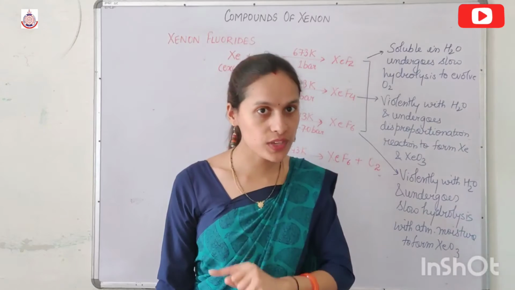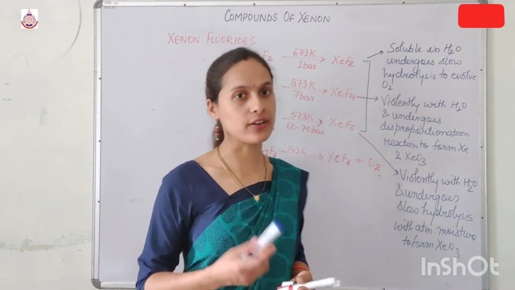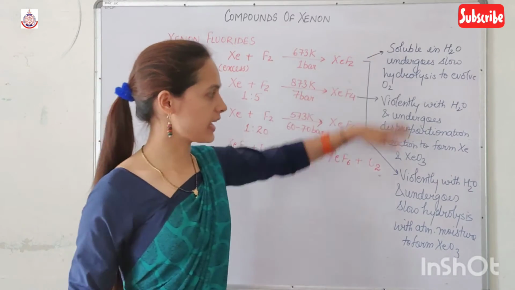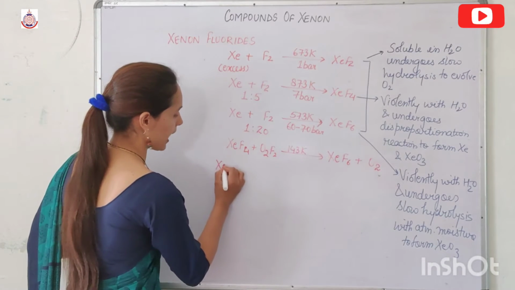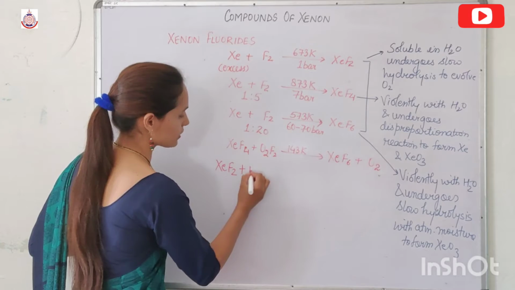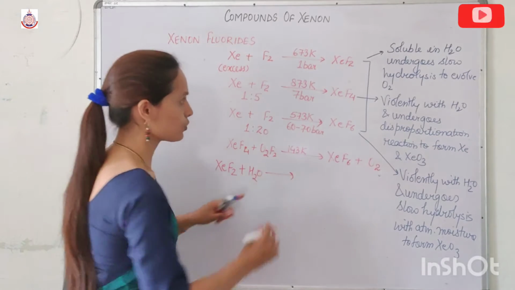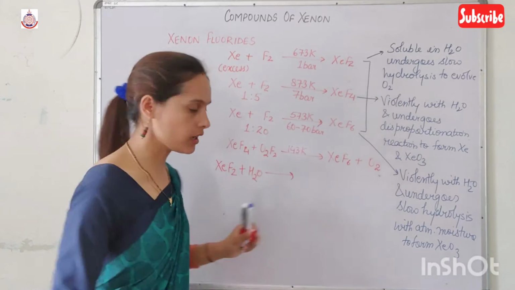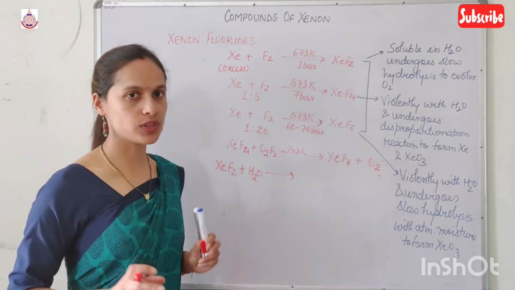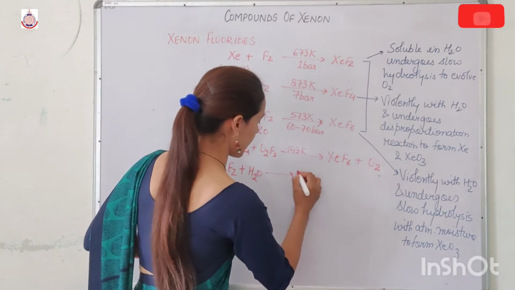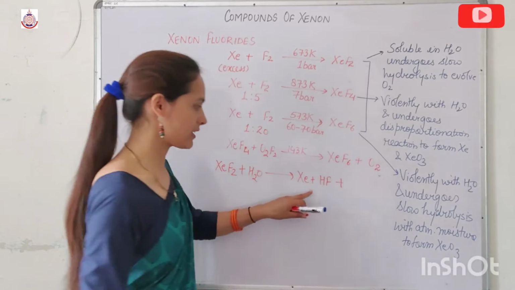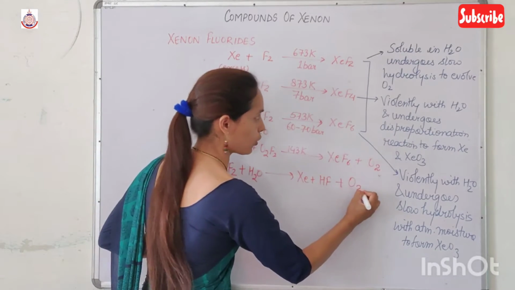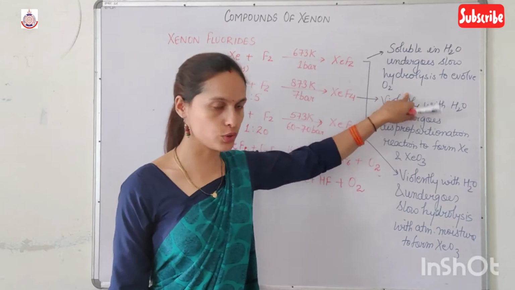If I write the reaction of all three, the first reaction is XeF2 reacting with water, and we get Xe plus HF plus O2. There is an evolution of O2.